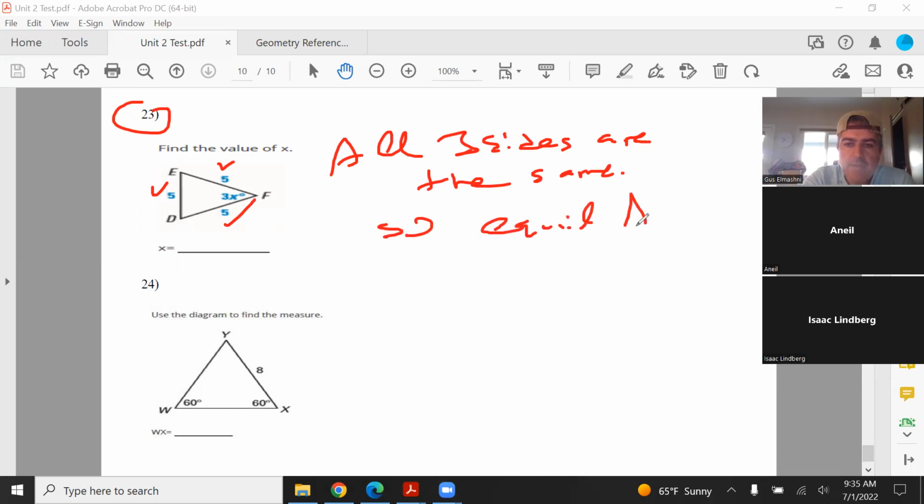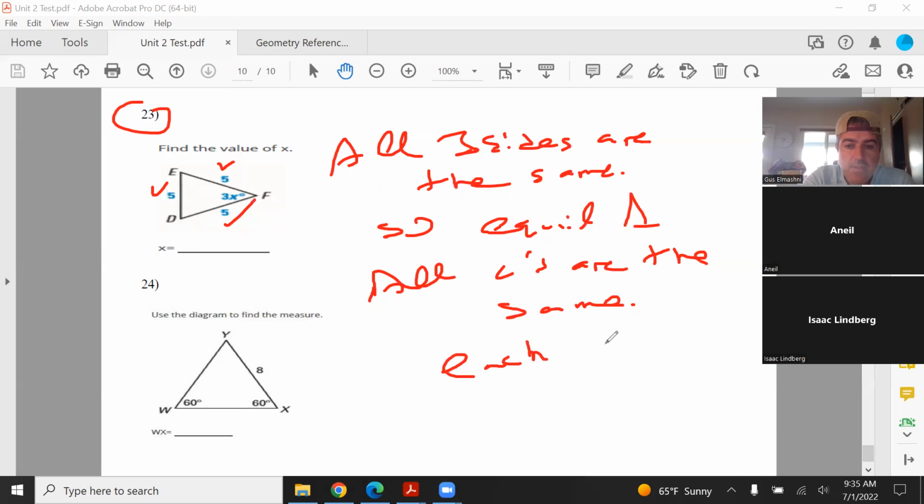That means that all angles are the same. That means that each angle is 60 degrees. Okay, and 3x, with the degree symbol, is a measure of angle F. So 3x equals 60, x is 20.